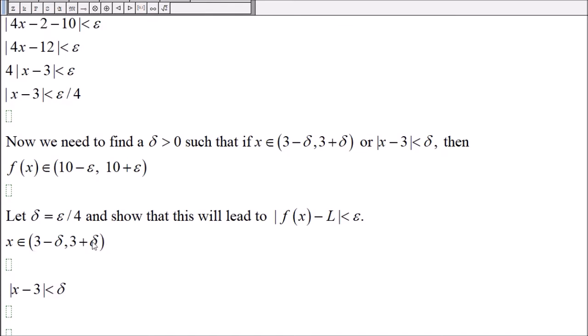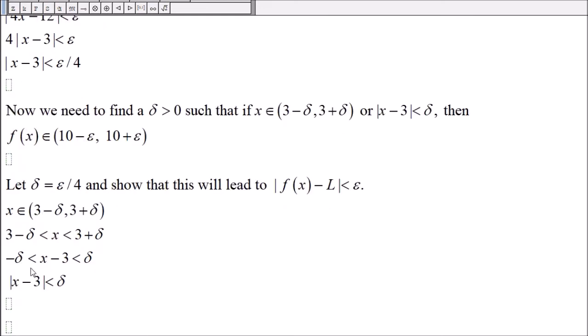And we can go through that process again right here. This means that x is between there and there. And then if we subtract 3, then this is saying that x minus 3 is between negative delta and delta. And using absolute value notation, then we have absolute value of x minus 3 is less than delta.